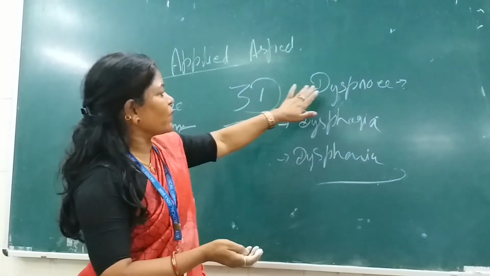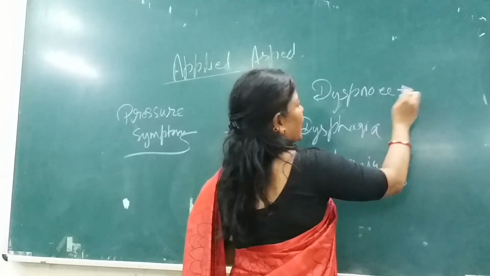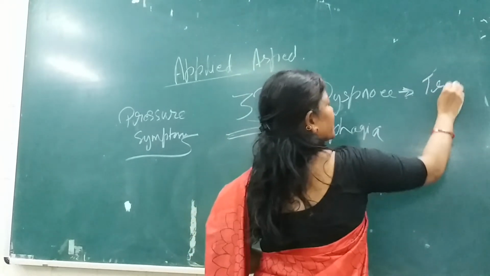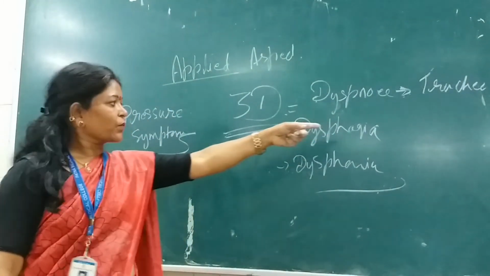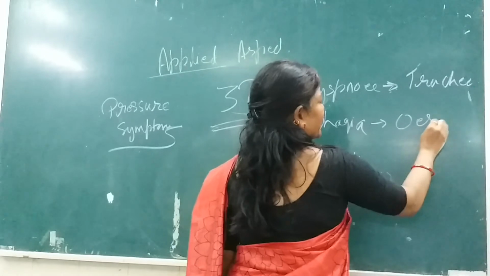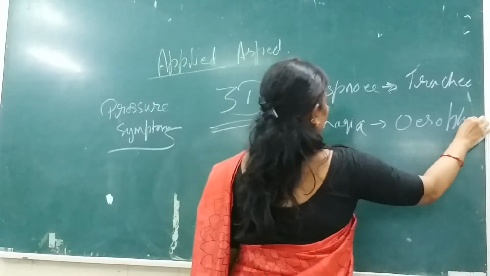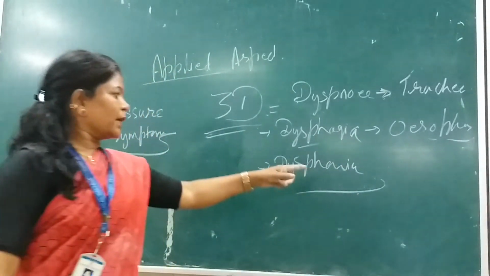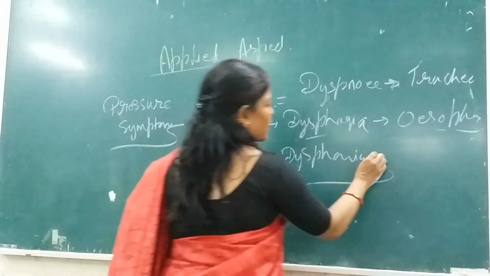When the pressure is over the trachea, it will press the windpipe and lead to dyspnea. If it is over the esophagus, then there will be difficulty in swallowing, dysphagia.